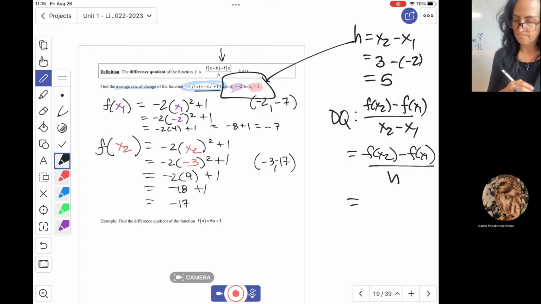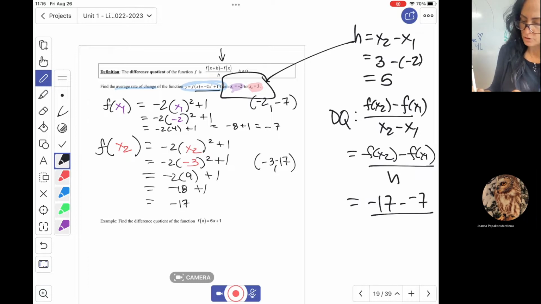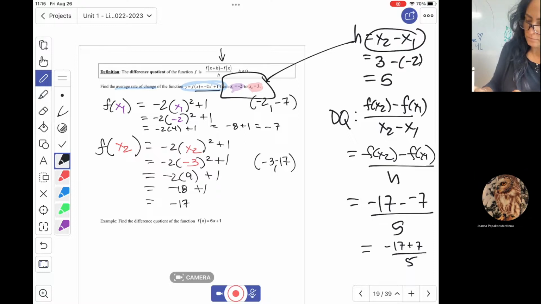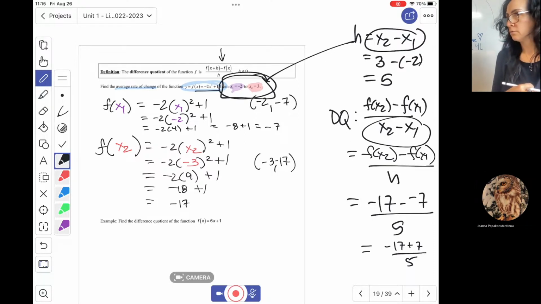No. What was f of x2? -17 minus f of x1, over h, which is x2 minus x1, which is 5.